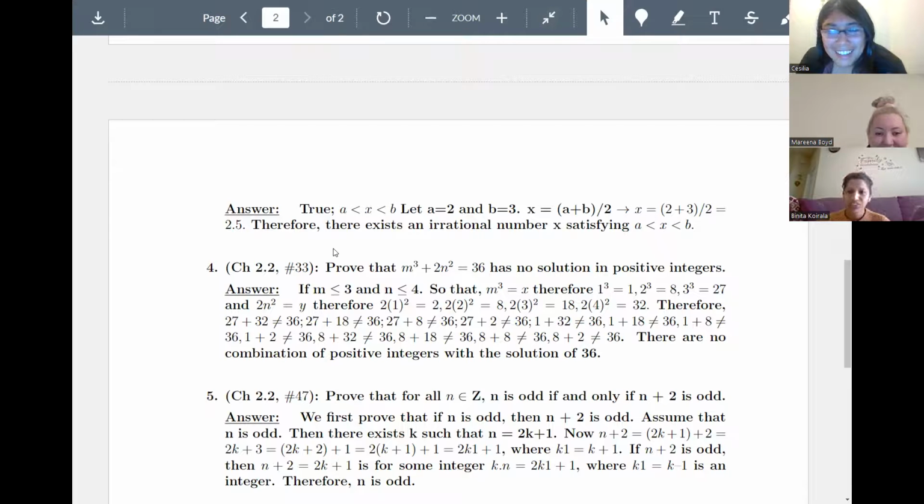Yeah, I also did it the same way, but I haven't shown everything like Marina showed, I only showed the one. See, I was like, well, I don't want her to take points off, so I put it all there.